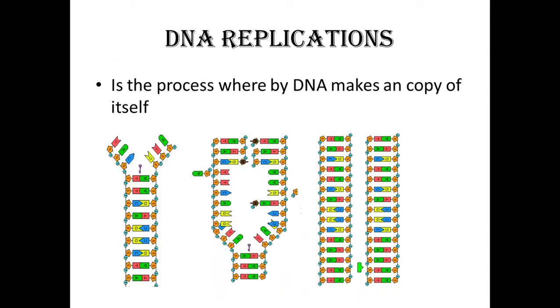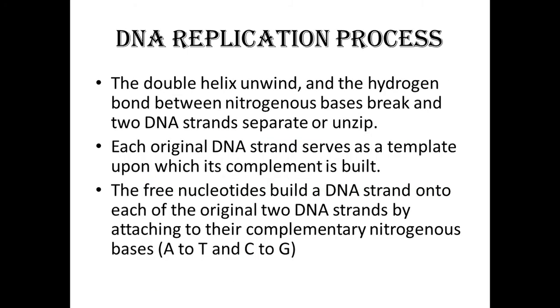Now let's look at the DNA replication. The DNA replication is the process whereby DNA makes an exact copy of itself. The process goes like this. The double helix unwinds and the hydrogen bonds between nitrogenous bases break and the two strands separate, or rather unzip.